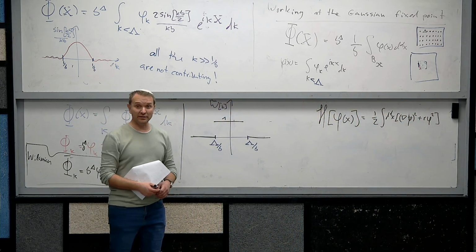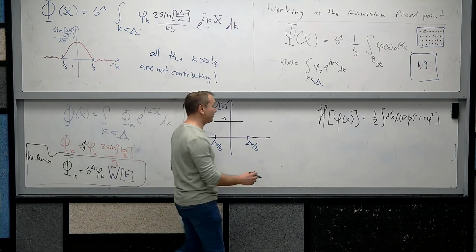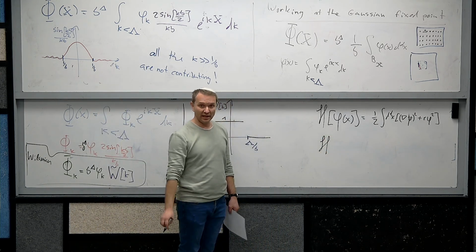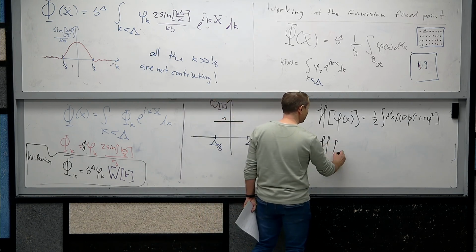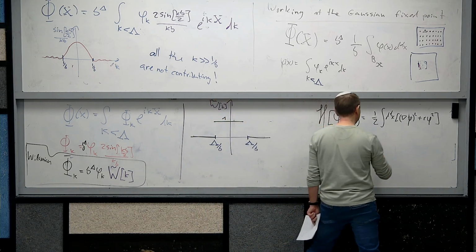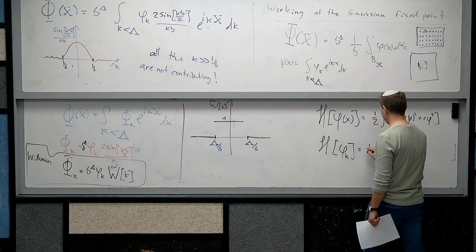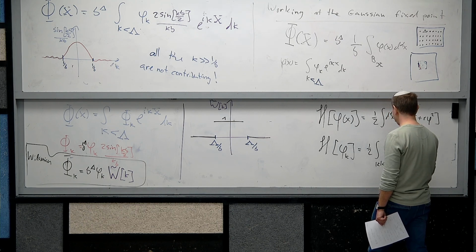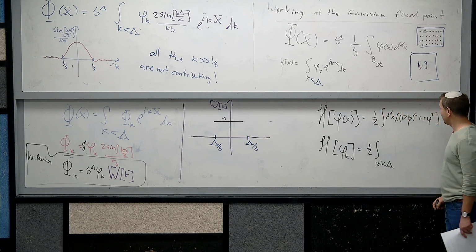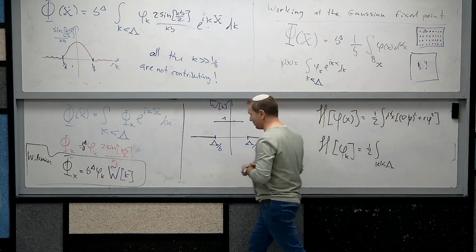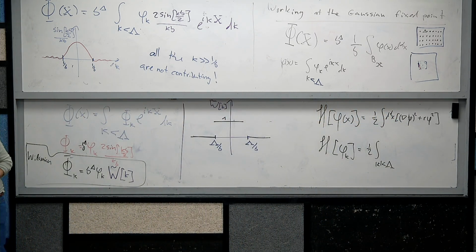Now, we have seen already that I can write it down in Fourier space as follows. I've seen it several times already. So H of phi of k is an integral, 1/2, over all the possible k's smaller than lambda. And here I should have a kappa over here.